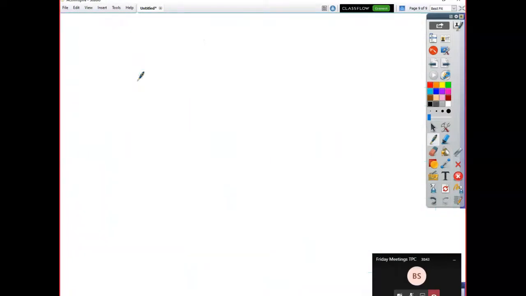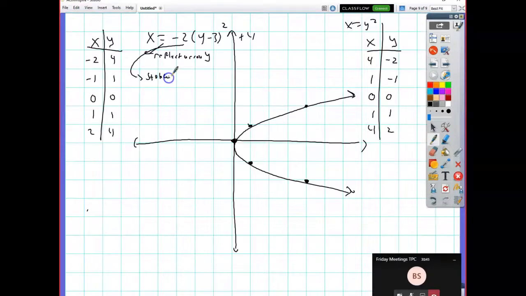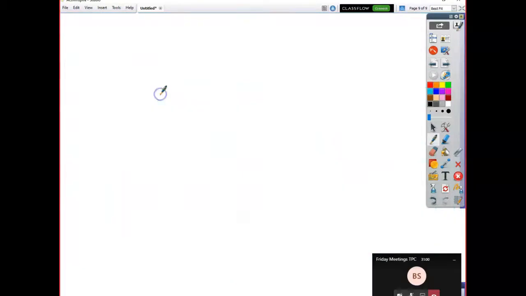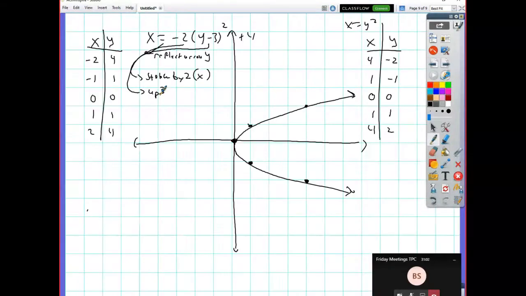So we're going to multiply, so it's stretch by 2x, right? So we're going to double our x values this time around. All right, what else you got? Up 3. Right 4. Beautifully done.